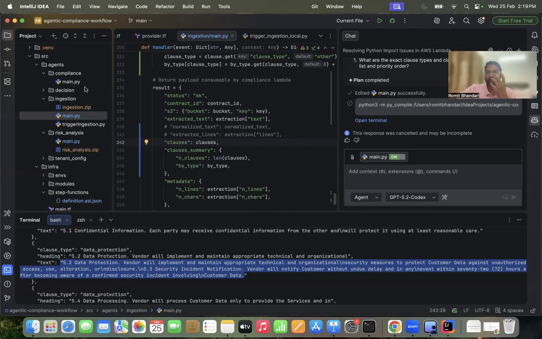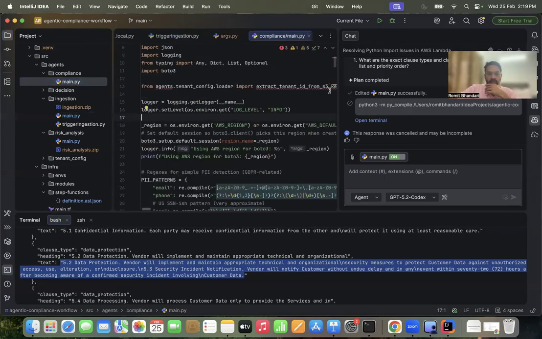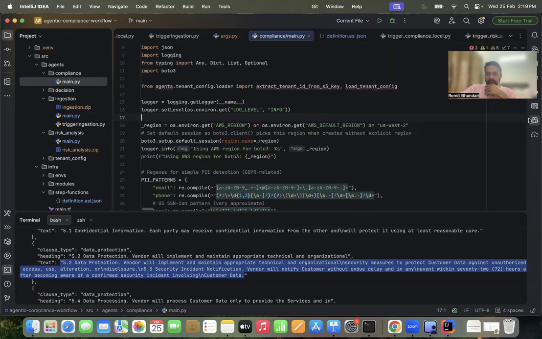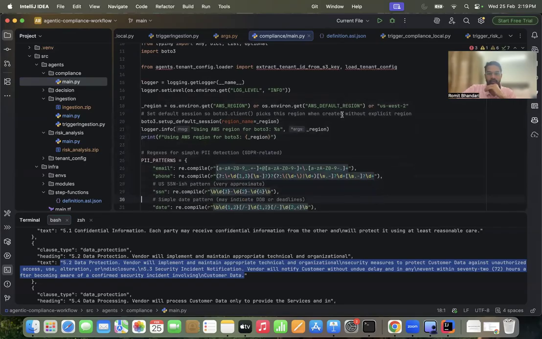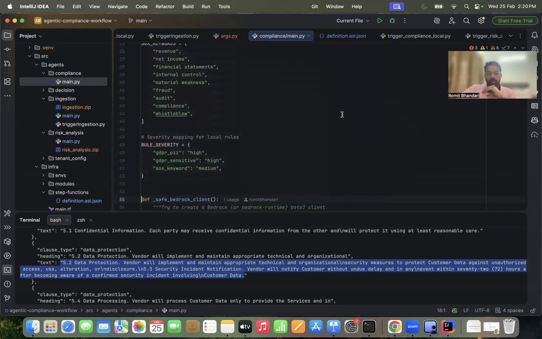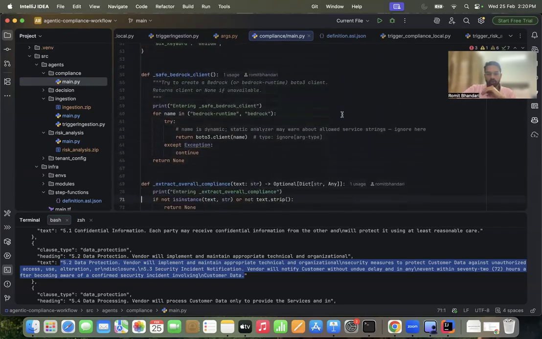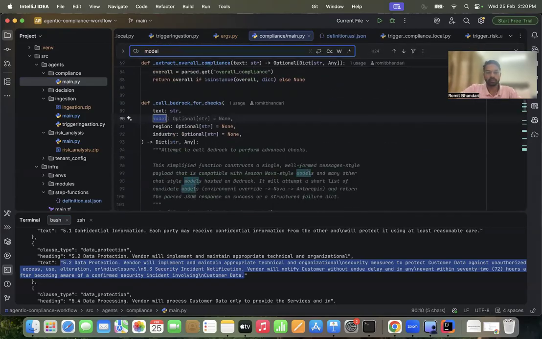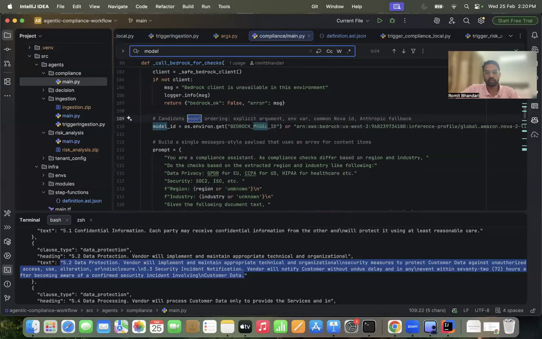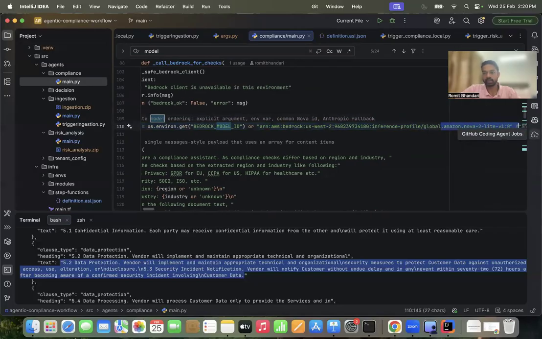And one more thing is, obviously the first thing was the intelligent model selection. So I'll show you. For example, here in our case, for compliance we are using a model which is a little bit stronger, right? So we use a Nova 2 Lite, as you can see here.